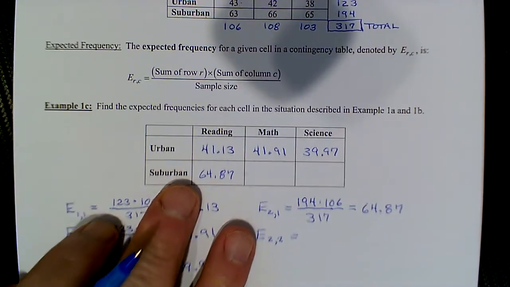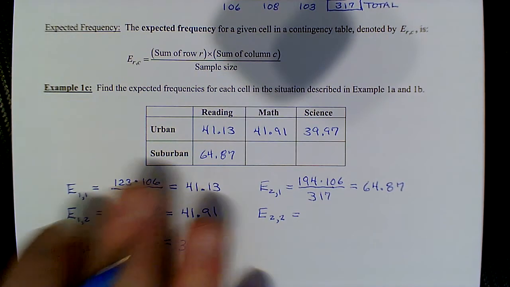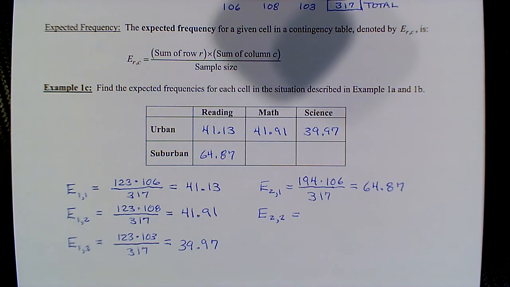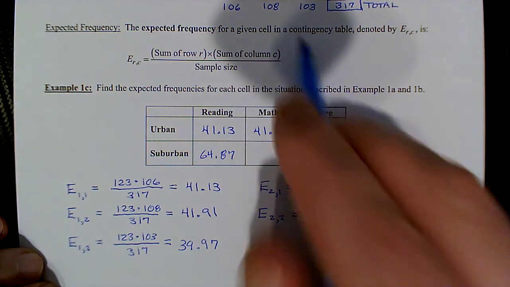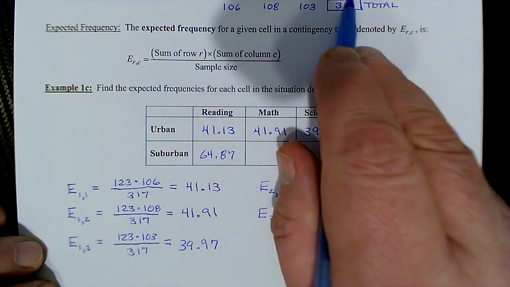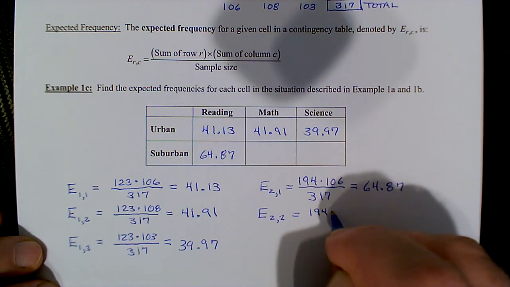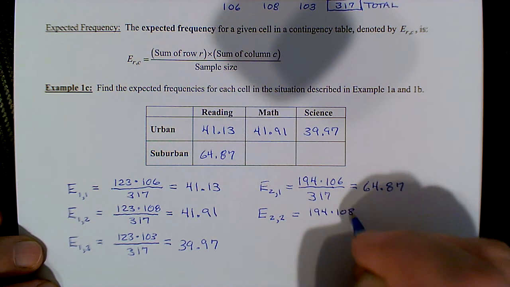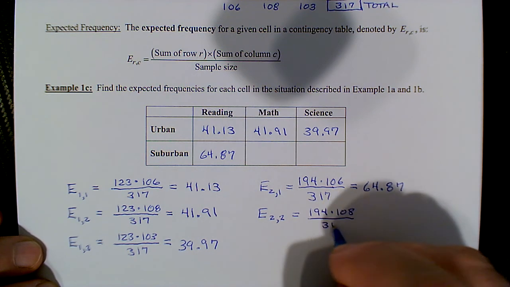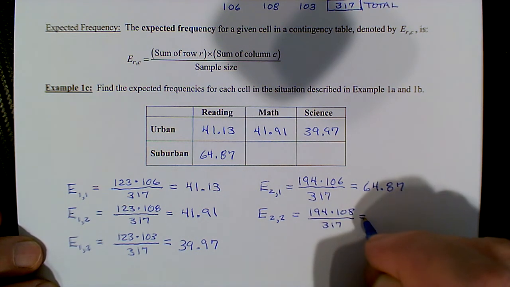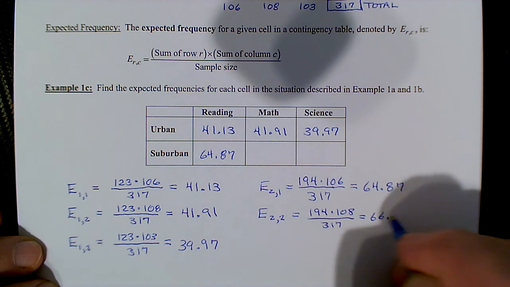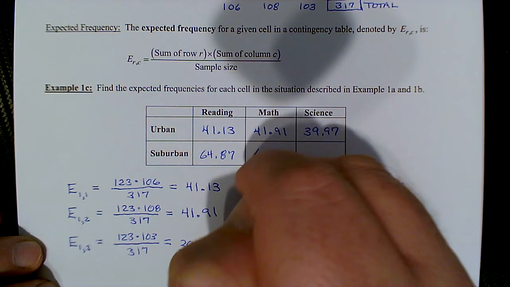Oh, I'm sorry. You didn't see some of what I was writing. So I'll give you a second to catch up, and I apologize for that. So second row, second column where the 66 lies. 194 is the row sum times 108, the column sum, over the total 317 gives 66.09.